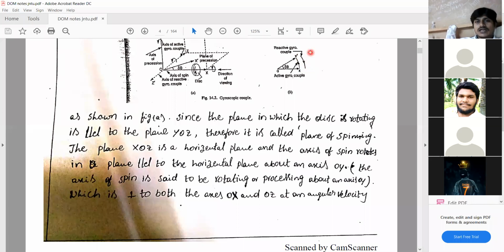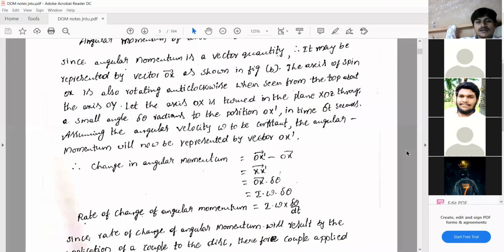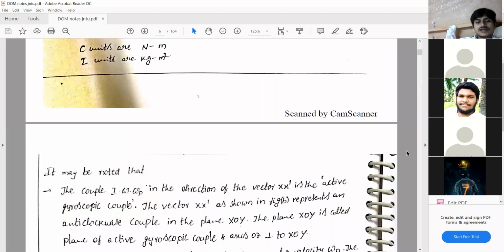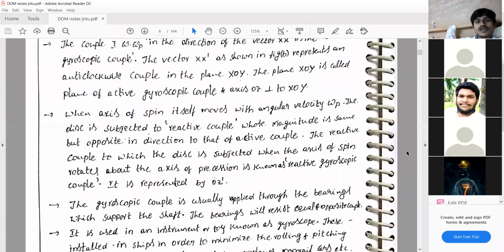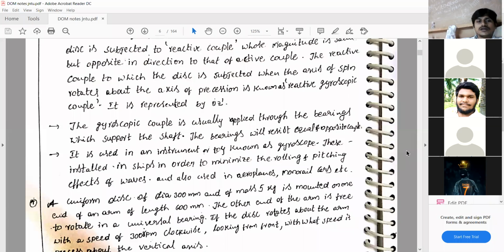The magnitudes are the same, but when the value is positive, it comes to the top side as the active gyroscopic couple. Sometimes the couple comes negative, then it comes towards the downside. That is where the reactive couple will be generated. The reactive gyroscopic couple is also produced.